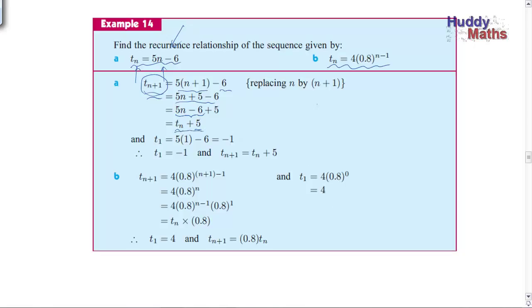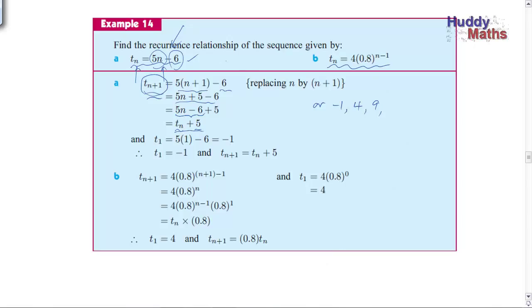Or you could generate the terms here, and the first term where n is 1 is neg 1, and then you're multiplying by 5 and taking 6. So putting in the next term, what would that be? So it would be putting in 2, that's 10 take 6 is 4, and you can see it's going up by 5 each time. Putting in 3 is 15 take 6 is 9.